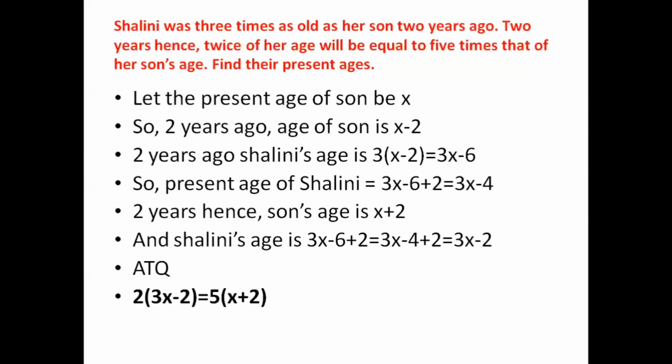It means 3x minus 2 will be multiplied with 2, which will be equal to 5 times that of her son's age. After 2 years, son's age is x plus 2, and we have to multiply it with 5. So the double of Shalini's age after 2 years is equal to 5 times son's age after 2 years.